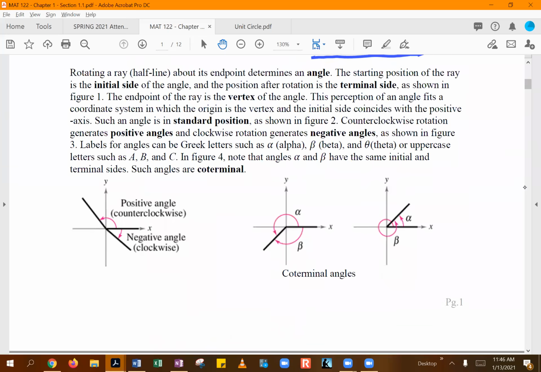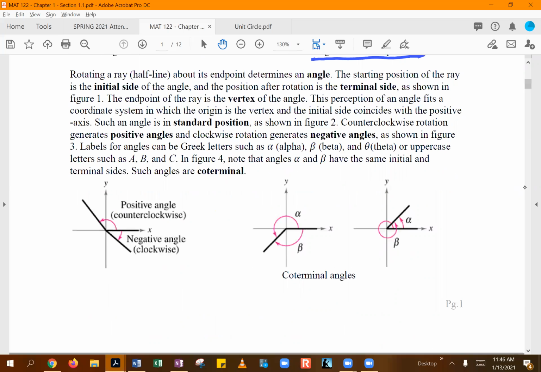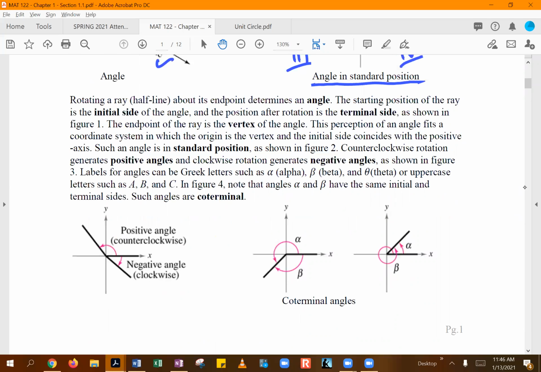So when you keep your angles in that standard position, you actually have positive values on your angle when you go in the counterclockwise direction, but your angles will become negative if you go in the clockwise direction. So keep that in mind again as we're working through positive angles in the counterclockwise rotation, and then with the clockwise, you get negative angles.